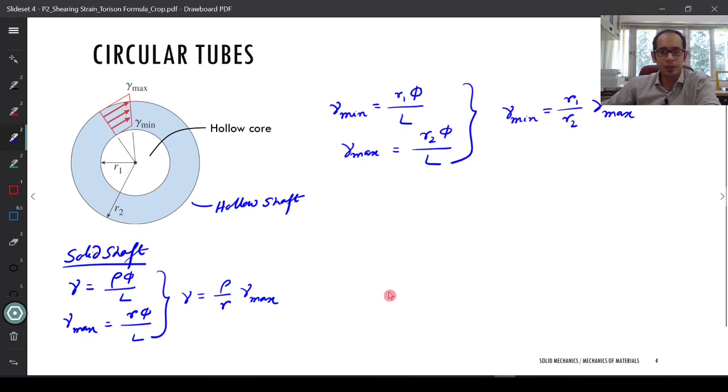So these relationships are for the solid shaft, and this is for the circular tubes where you have an internal radius r1 and an outer radius r2.